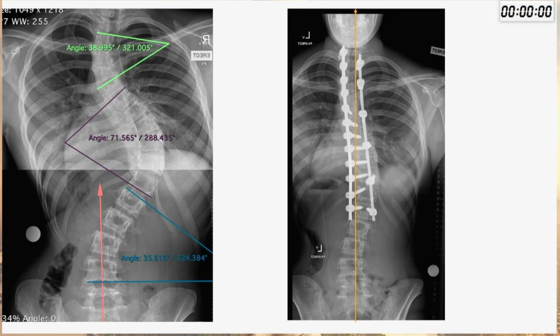I see the disc is horizontal. If I measure this, I will stop at L3. Yes. If you measure at L3, that makes it more of a structural curve. Yes. The lumbar curve, you mean? Yes. Do we have side bendings?